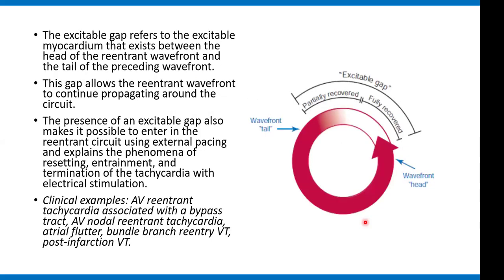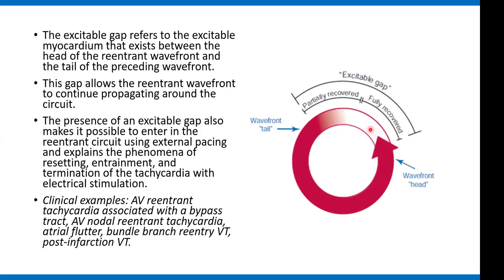Okay. So I'll just look at this and then we can end it here. So for the re-entry to be propagated, what you need is the head and then the tail. So it is like a dog chasing its own tail. Okay, so what it means is that once you have this one triggering the arrhythmia, the tissue before it is repolarized.